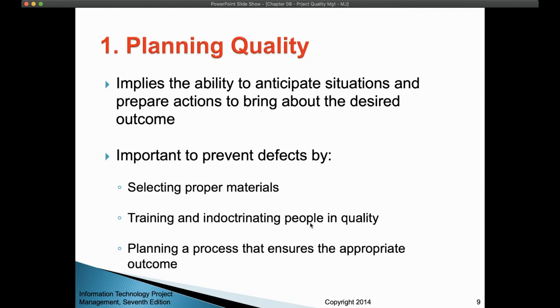Here are some examples of how you can prevent defects in your product or the outcome of the project. The first thing is selecting proper material, because if you select poor material, something of cheap quality, then the outcome will also be poor. So the probability of having a defective product will be high.